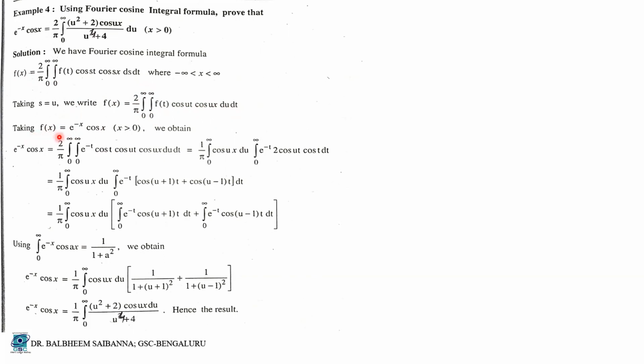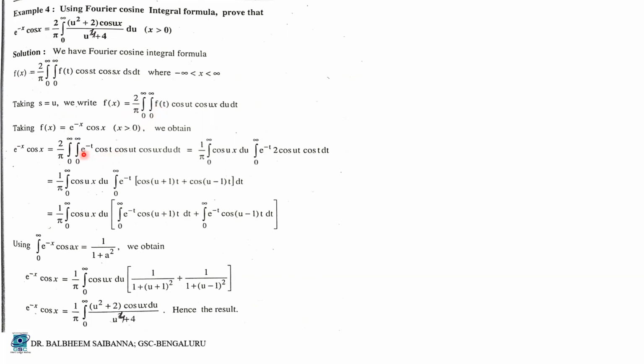Taking f of x equal to e to the power of minus x cos x, x greater than 0, this is f of x. Then you write f of x is equal to e to the power of minus x cos x as it is. Then 2 by pi double integral 0 to infinity f of t.